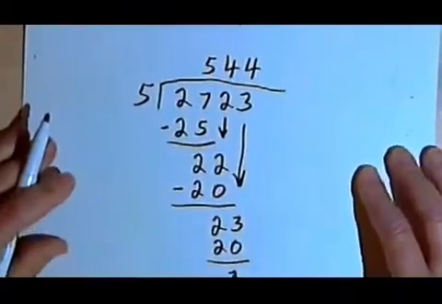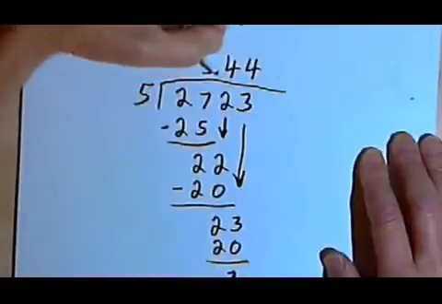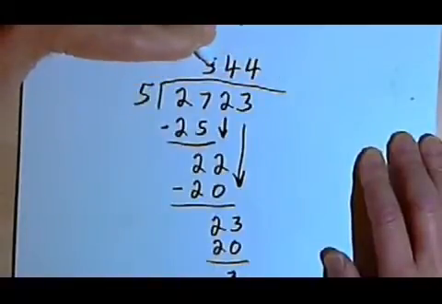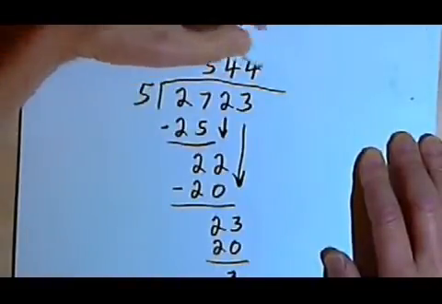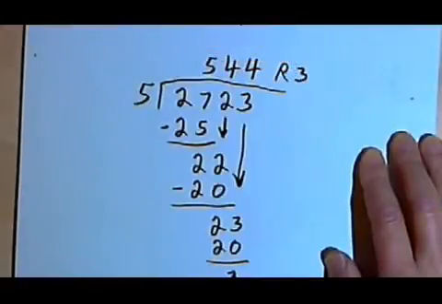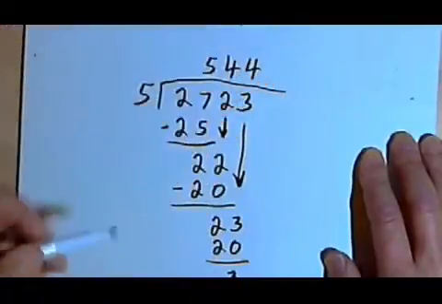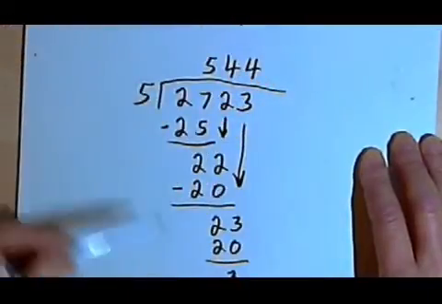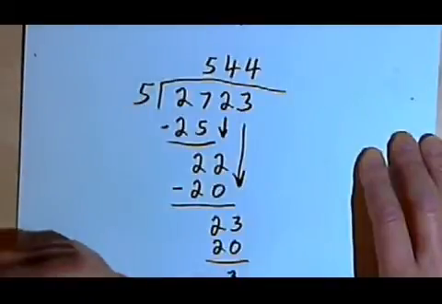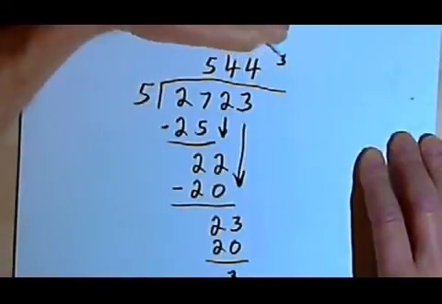So there's 2 things you may be told to do. One is you could just, after the number we have, the 544, write an R for remainder and a 3 after it. Or you could realize the next thing you're trying to do is divide 5 into 3, which is like saying 3 divided by 5 or 3/5.